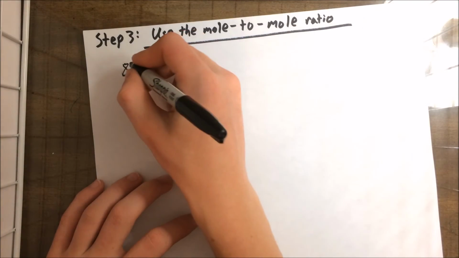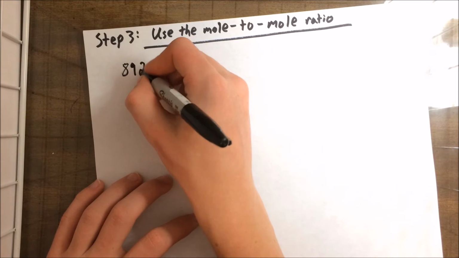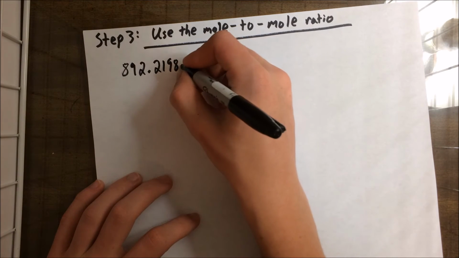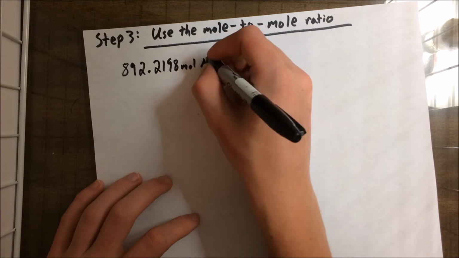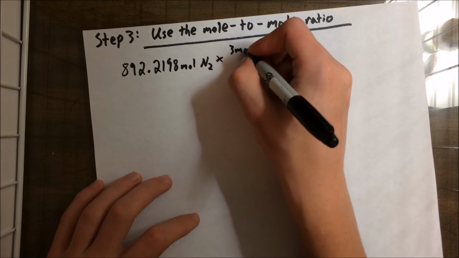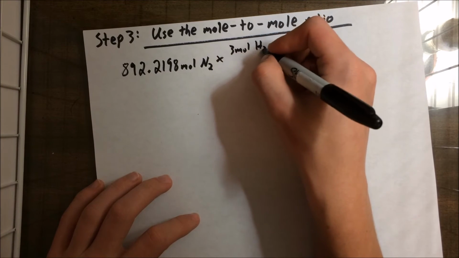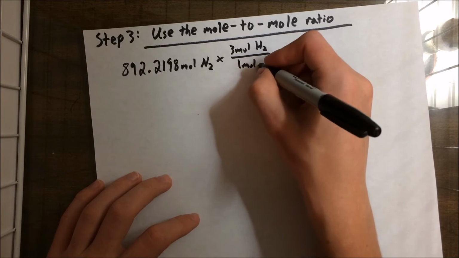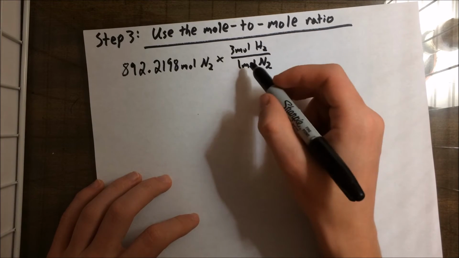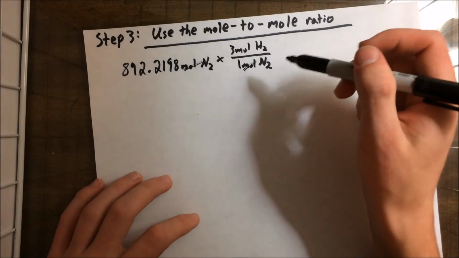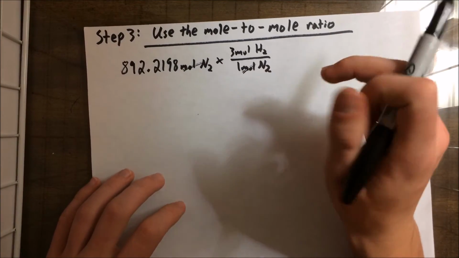So 892.2198 moles of N2 times 3 moles of H2 per 1 mole of N2. So that's going to cancel with that and leave us with the moles of H2.